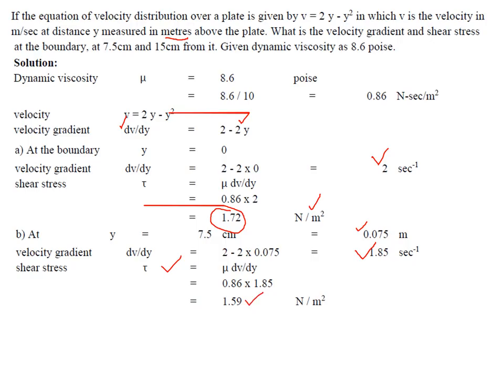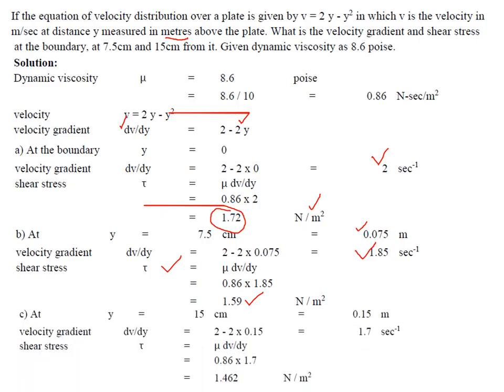Similarly, at y equal to 15 centimeters, don't substitute 15 centimeters; you have to divide by 100 and substitute as 0.15 meters in the equation. So dou v by dou y is 2 minus 2 into 0.15, which comes to 1.7 per second, which is the velocity gradient, and therefore shear stress will be mu dou v by dou y. So 0.86 into 1.7, which gives 1.462 Newton per meter square.